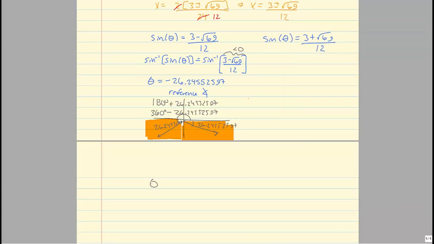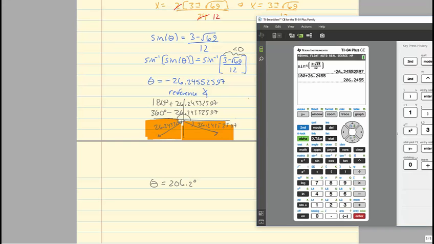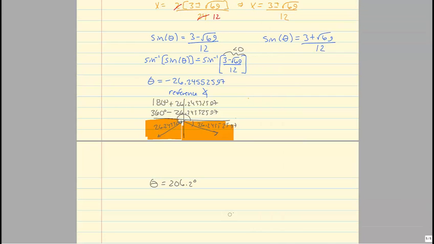So theta equals 206.2 degrees. That would be the one that's in Q3, the third quadrant. And then my other one would be 360 degrees minus that. So let's do 360 minus the 26.2455. So that would be 333.7545, which is 333.8.